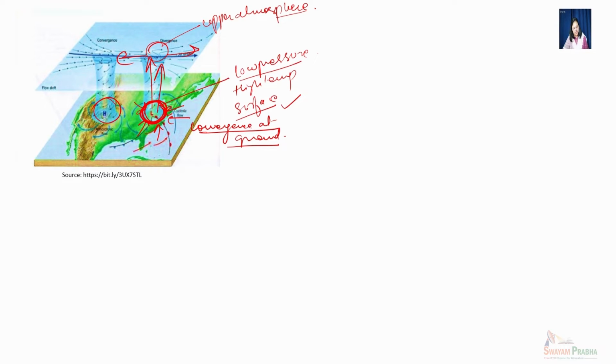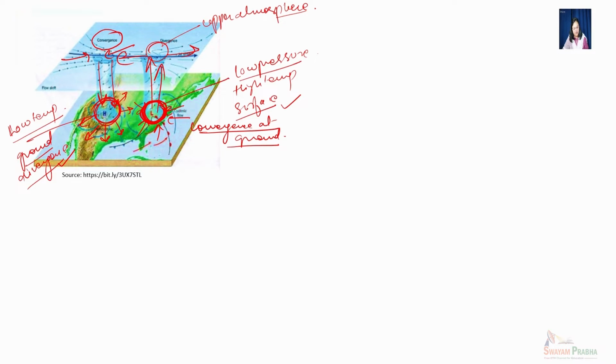Besides this, if you have high pressure centers at the ground surface, which are created because of low temperature primarily, they are characterized by sinking of air and divergence conditions of air at ground surface. So ground surface divergence is there. If you have ground surface divergence, you will definitely have convergence in the upper atmosphere. So you have opposite conditions in the ground surface and in upper atmosphere.